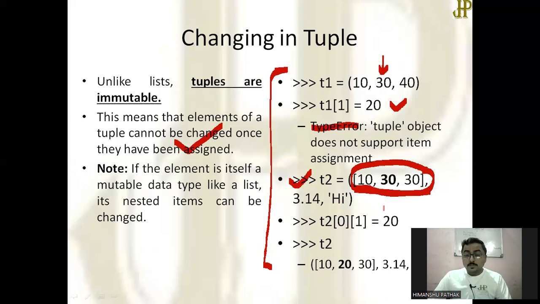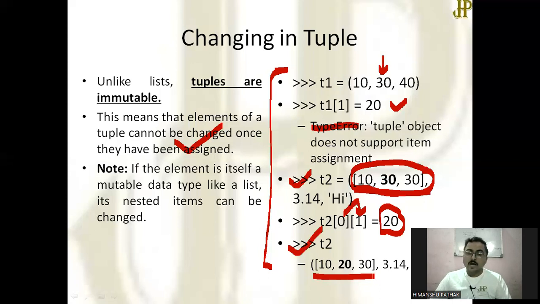In that list, the value at the 1th position, that is 30, will be destroyed and overwritten with the value 20. That is possible. Here you can see that when I print T2, it shows the updated value of the list, 10, 20, and 30.